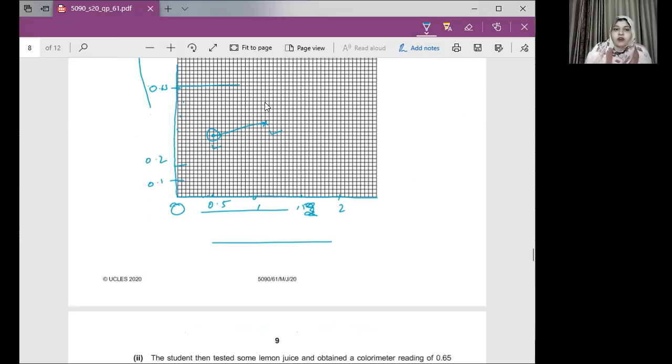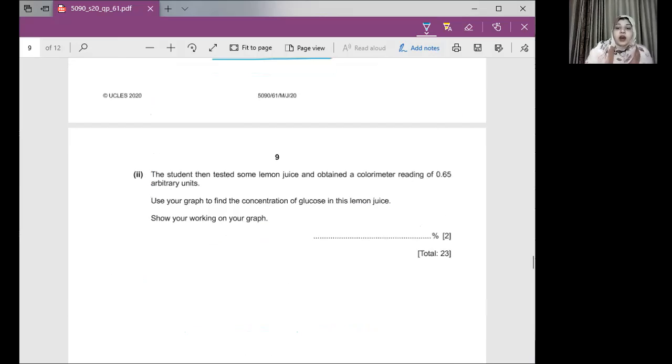On the line you have to find out the concentration of glucose. This you have to show on the graph. Show it properly on your graph, take the correct value from the graph, and write it down. Is it clear, students, everyone?